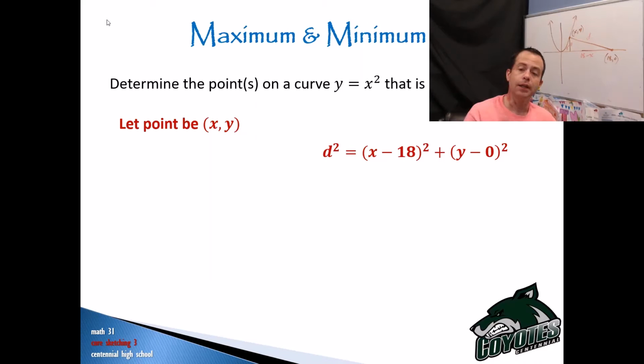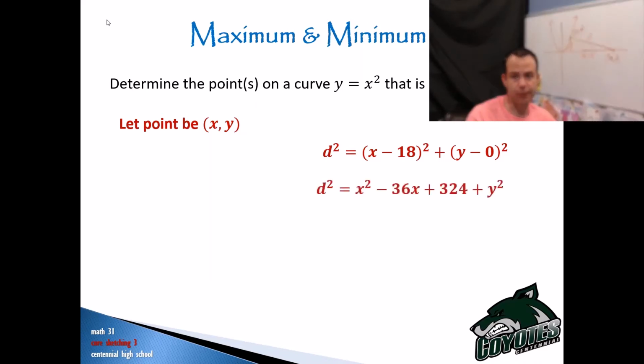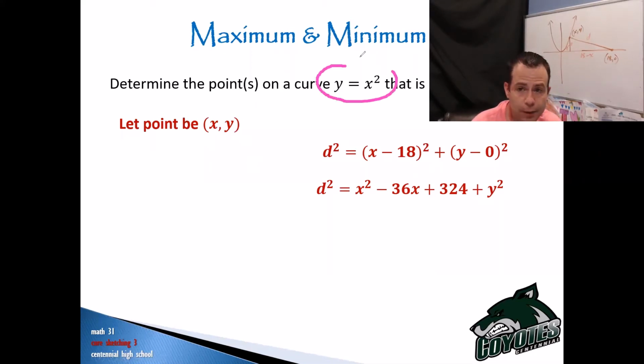Okay, now I got to square x minus 18 squared. So that's x squared minus 36x plus 324 plus y squared. Now remember, I want one variable here. So y, I need to have another way of representing y. Well, I do, because y is x squared, right?